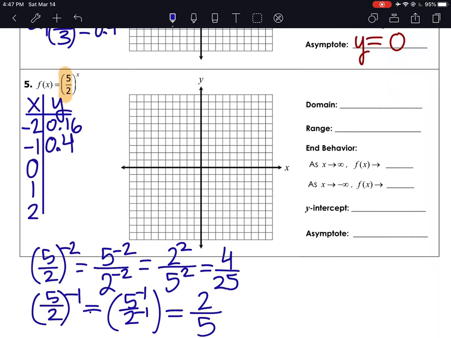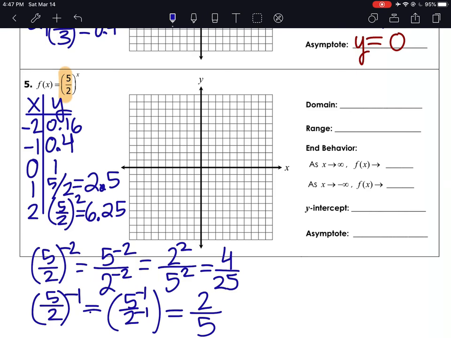Anything to the 0 power is 1. Anything to the 1st power is the same thing, can be written as 2.5. And 5/2 to the 2nd power is 25/4, and 25/4 as a decimal is 6.25.